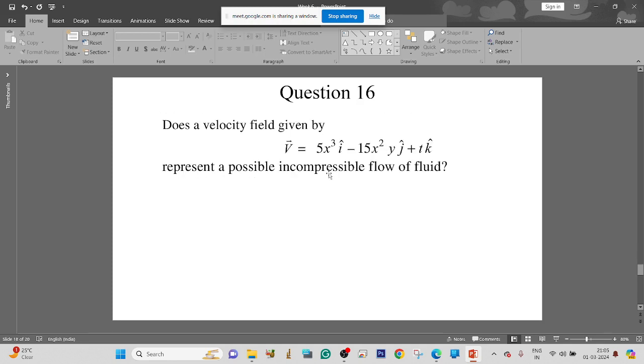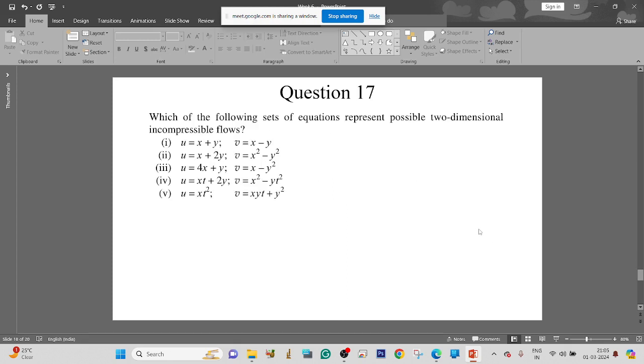Next question. Tell me. Solve this. Incompressible one. Okay, correct. Next question. There are 5 equations, with values for u and v. Tell me which of them are possible and which of them are not.